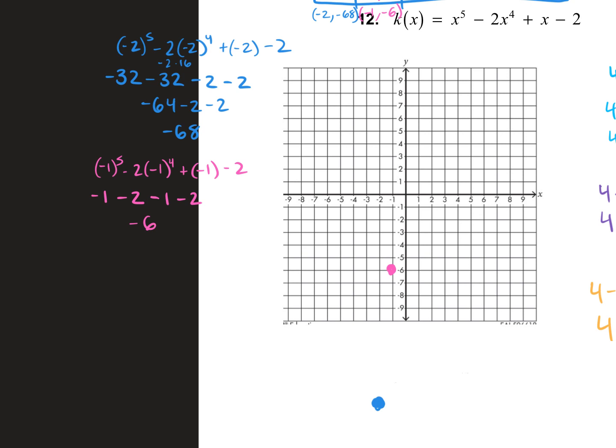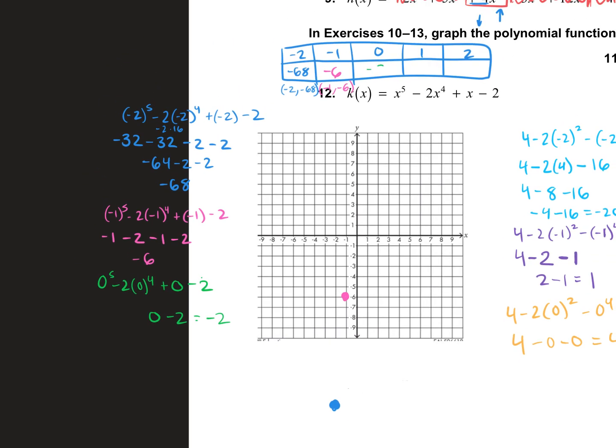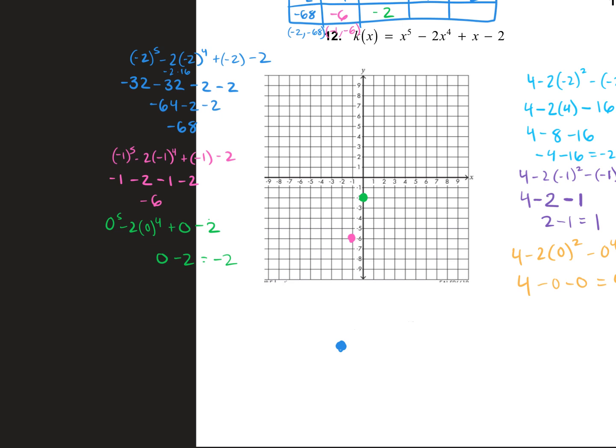Next, we're going to plug in 0. So 0 to the 5th power minus 2 times 0 to the 4th power plus 0 minus 2. So this would be 0 minus 2, which is negative 2. So I'm going to stay at 0 and go down to negative 2. Next, we want to plug in 1.